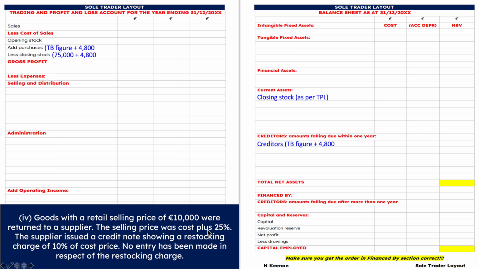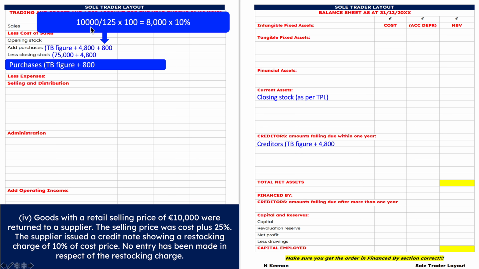Selling price was cost plus 25%, so 10,000 is 125%. Multiply that by 100. The selling price 10,000, the cost price 8,000. So the restocking charge, 10% of cost price, is 800 euro.